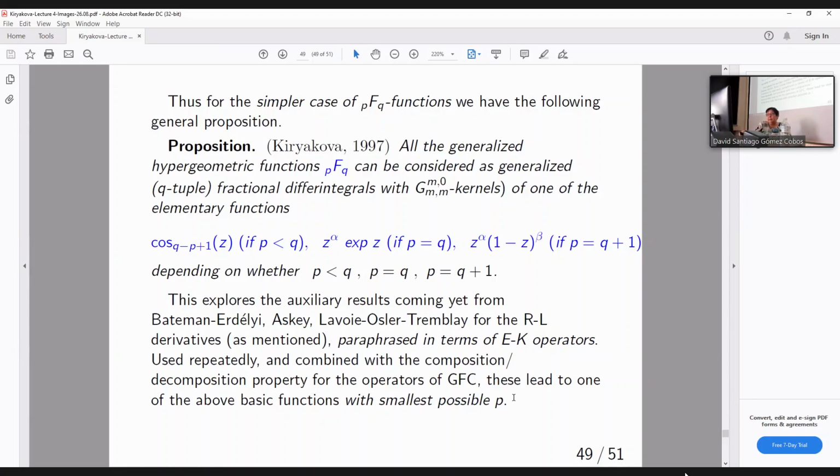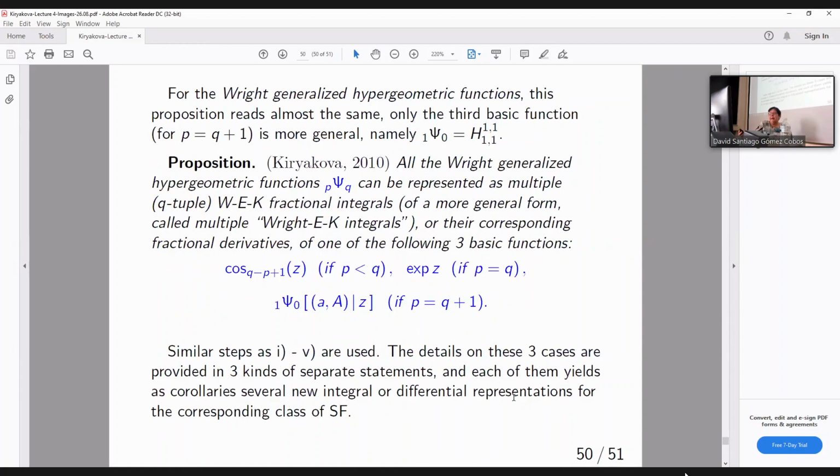And this theory is simple, but it is based on the classical results I mentioned in advance by Bateman, Erdélyi, Askey, Osler, Tremblay, and so on. You should need only the generalized fractional integrals or compositions of classical fractional calculus operators.